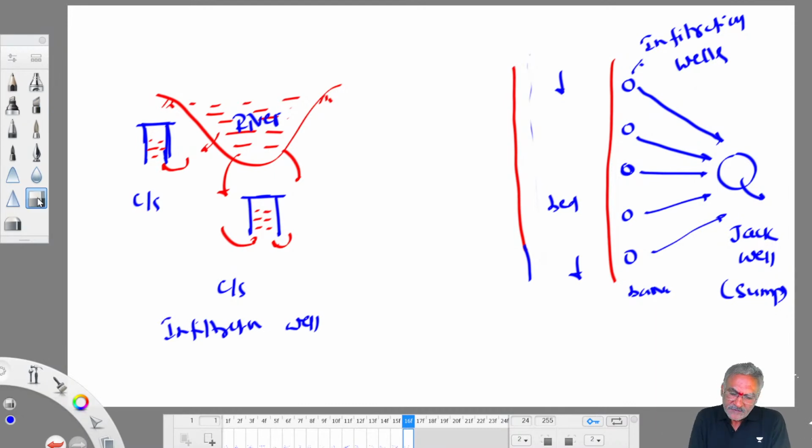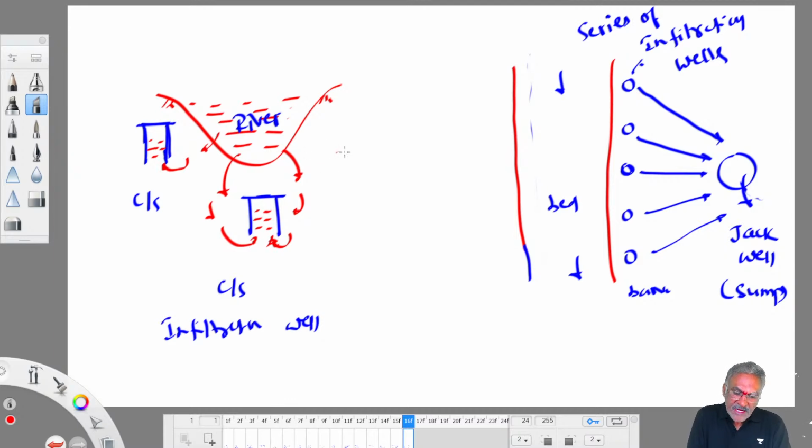A series of infiltration wells are constructed to get the desired quantity. Quantity is also important. That's why so many such wells you need to construct to collect the seepage water from the aquifer.